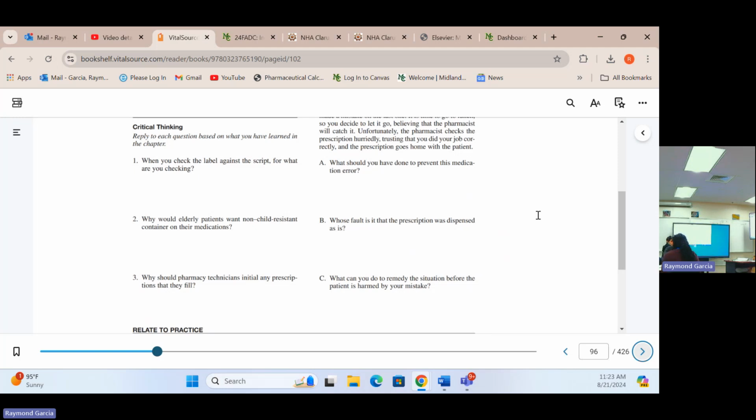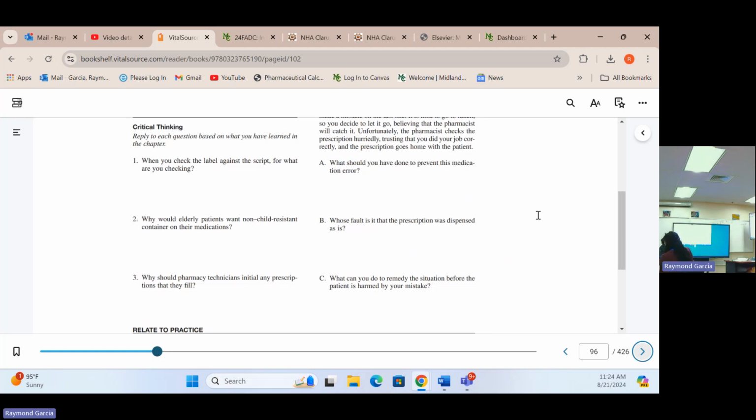We print the label, we see the script, or maybe we see the label on the computer and we're focusing. What are we checking? Checking for apparent errors or discrepancies.